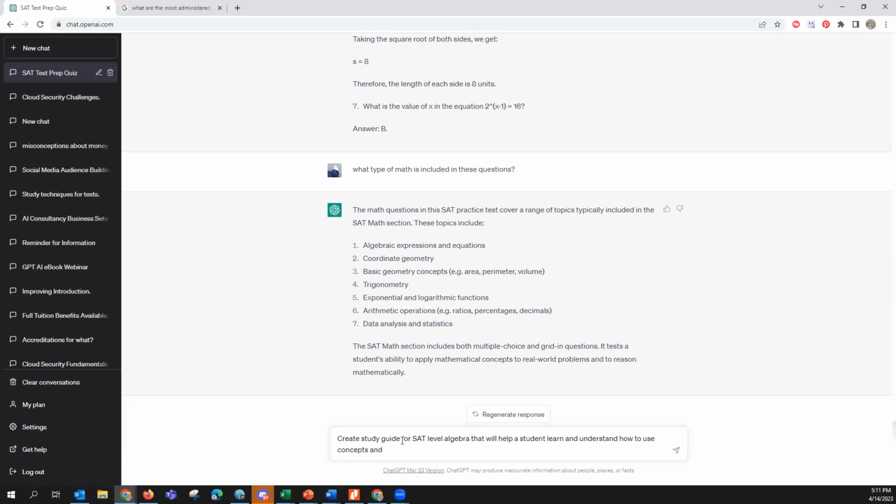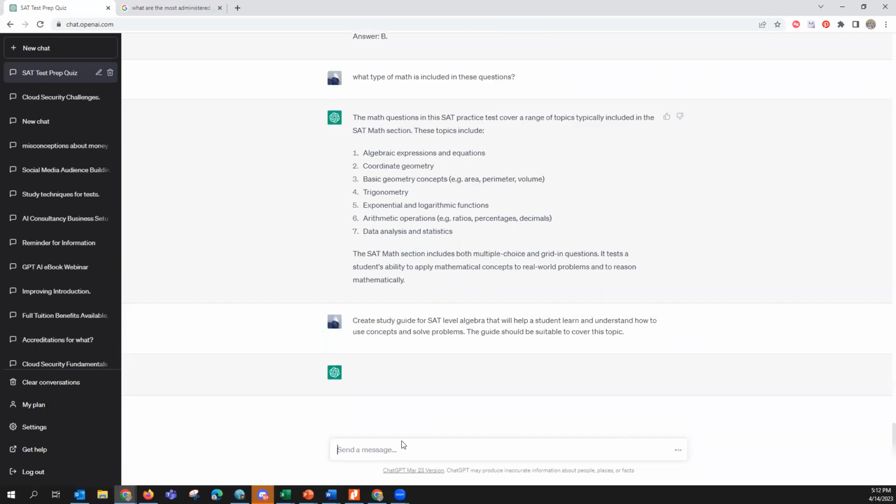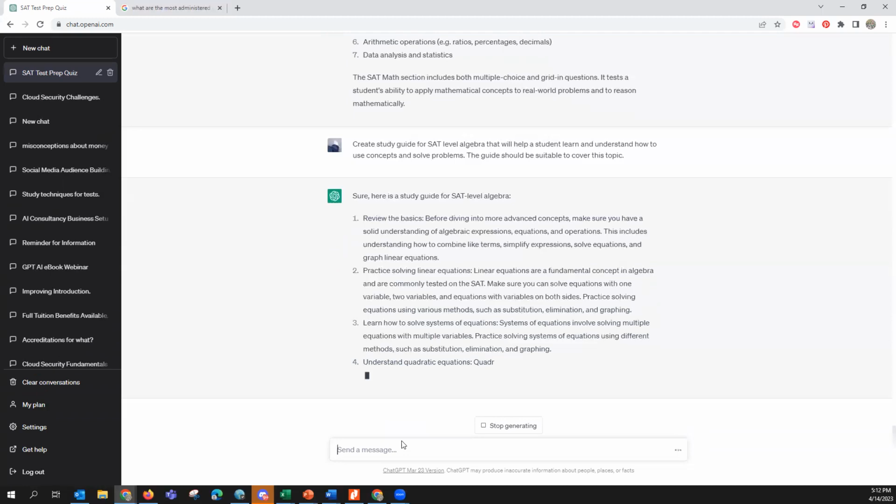Okay, create a study guide for SAT level algebra that will help students learn and understand how to use concepts and solve problems. The guide should be suitable to cover this topic. I don't know, we could put more stuff in there if we want, but anyway.